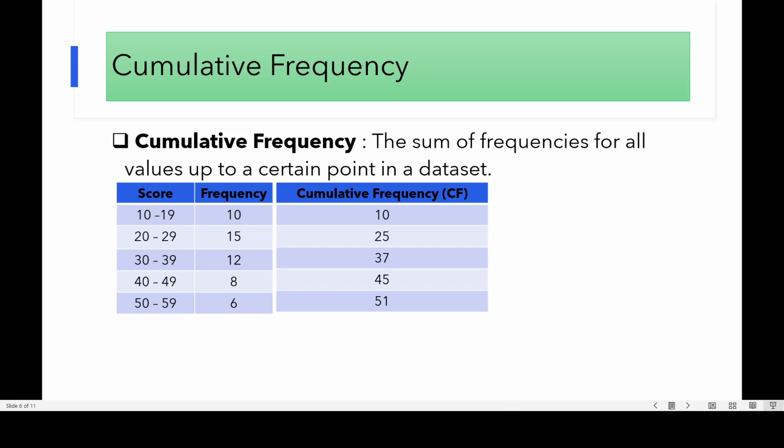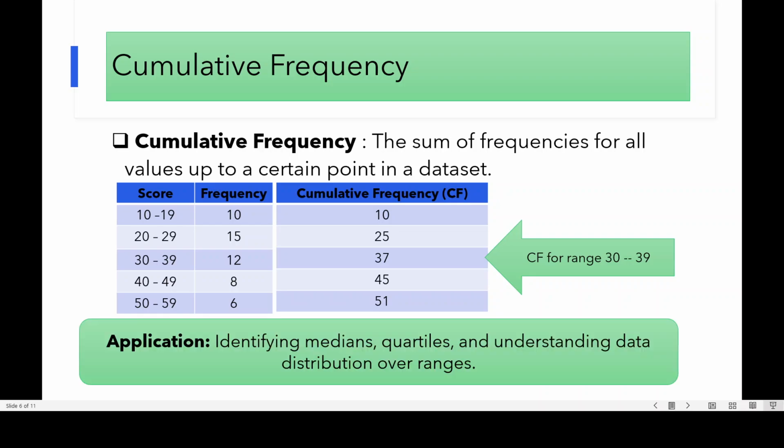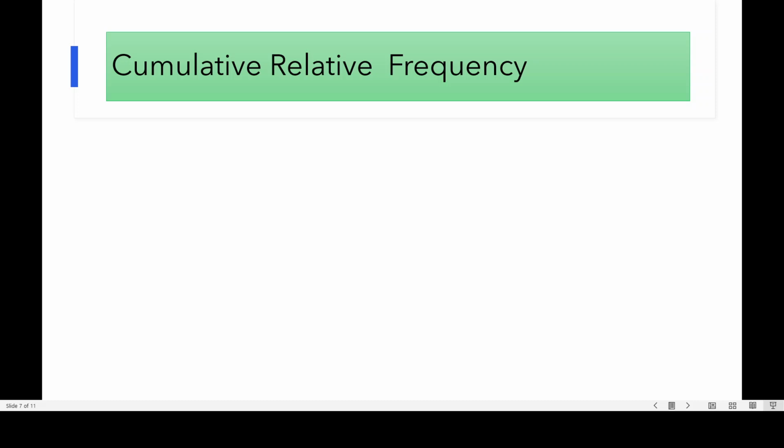There are 10 students in the first group. For the second group, the cumulative frequency is 25. It means that 25 students have a score from 10 to 29. Similarly, 37 students have a score from 10 to 39. We can use the cumulative frequency for identifying medians, quartiles, and understanding data distribution over a range.